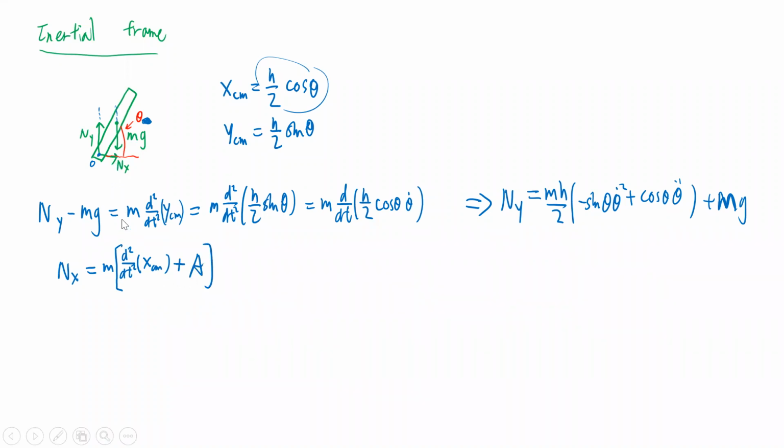So you understand why. Because this x_cm is measured with respect to this point O, but this point O itself is accelerating to the right. That's why I have to add this term with A. Then this is equal to the horizontal force.